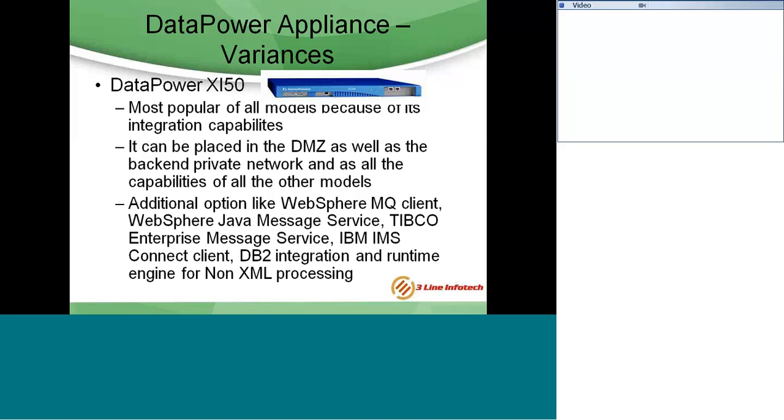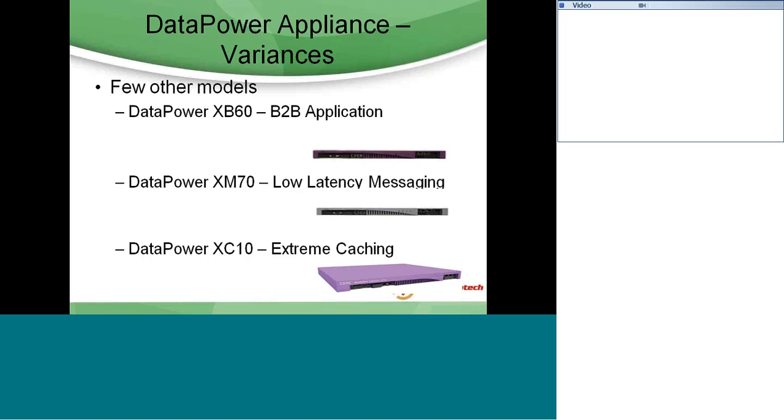The latest XI appliance model is the XI52, and the latest firmware version is version 6. There are a few other models available in the market. The XB60 is the B2B appliance, used for business-to-business integration, and the XM70 is used for low latency messaging.